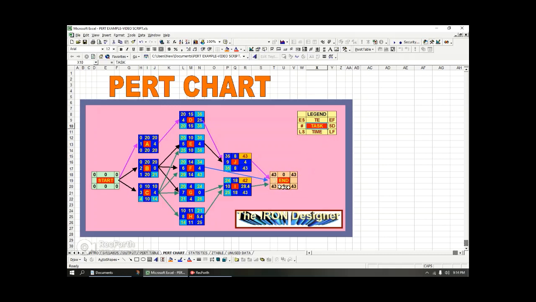So wanting to compute the LS, you go to the 43 of the end, you put that into both LFs for each of the terminate tasks. Then you begin subtracting. So 43 minus 8, which is the TE of J, is 35. Okay. And then here, minus 18 is 25.